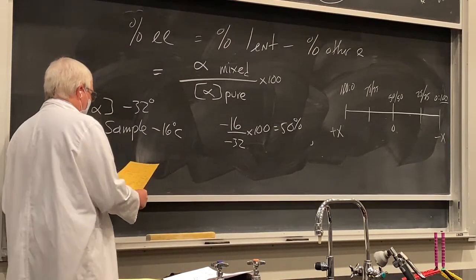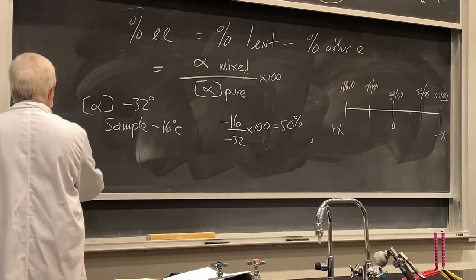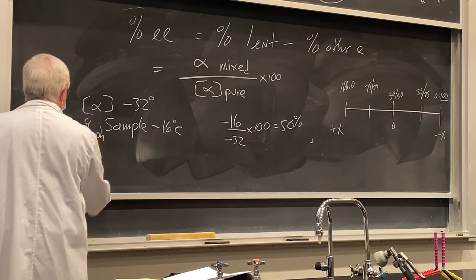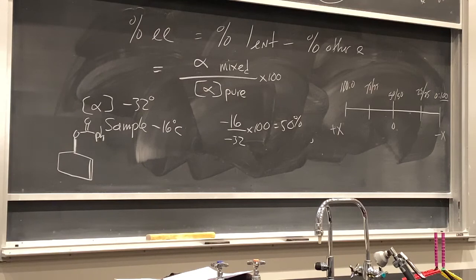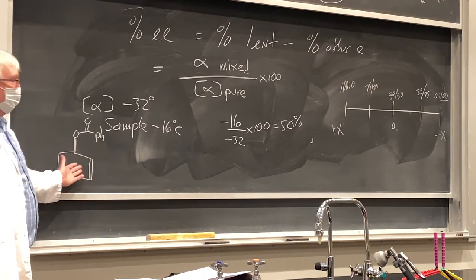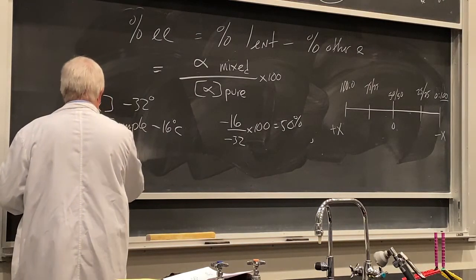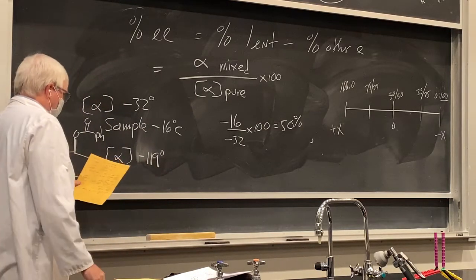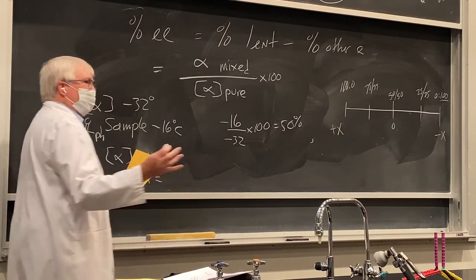Let me give you one that's a little harder here. In our lab a while ago, we had this reaction. We'd make this chiral molecule. Okay. It's an ester, an allylic benzoate ester. And the pure form we knew to be minus 119 degrees. And we did a reaction here with a catalyst, specific conditions.